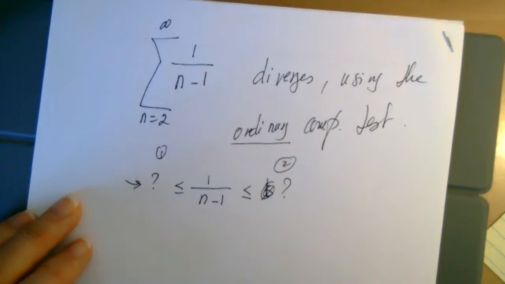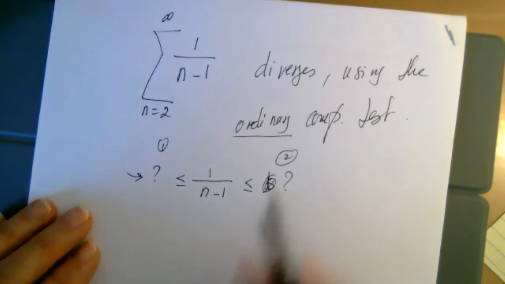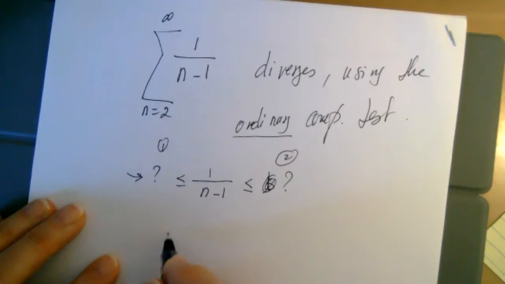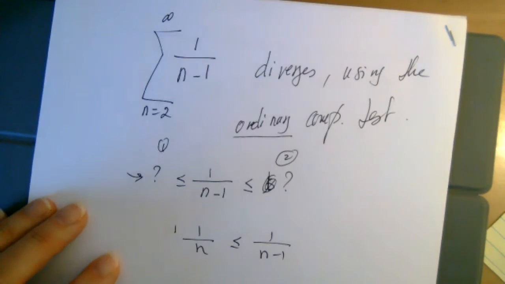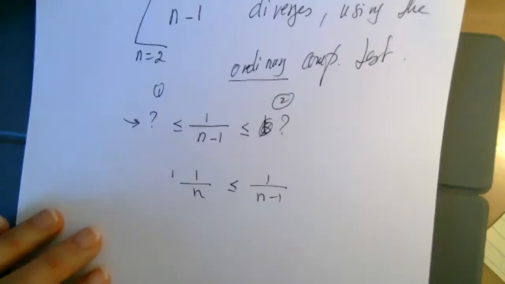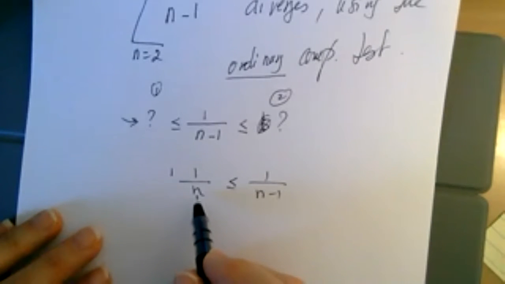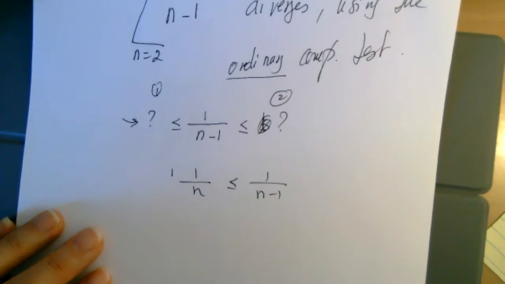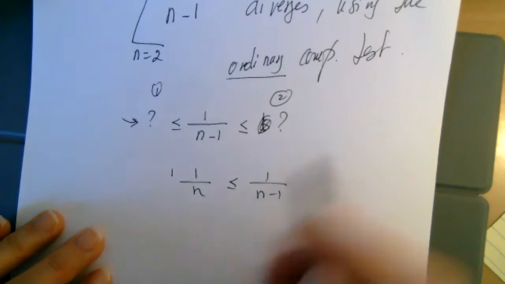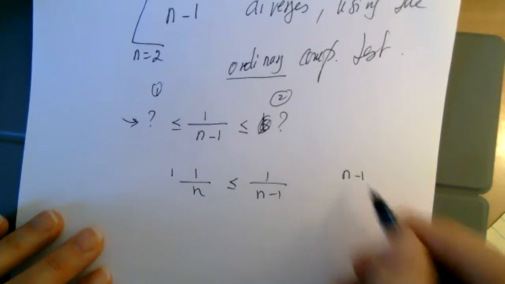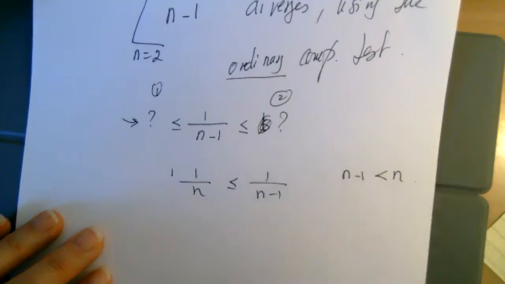Now, do we have that? Yeah, absolutely. All right, let's see if we have it. 1 over n, of course, that's what we're going to go after. Is this true? Is 1 over n less than 1 over n minus 1? Is this correct? Because the denominator is larger. Sarah, tell me no. Let's see. n minus 1 is less than n.